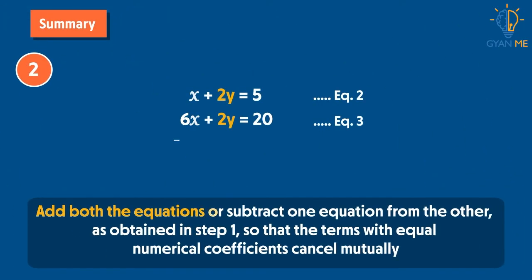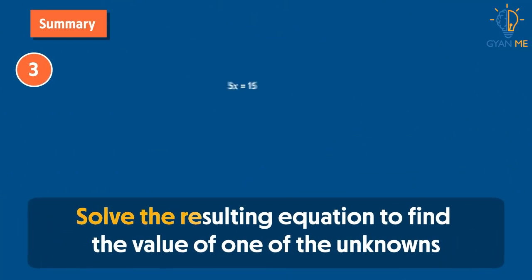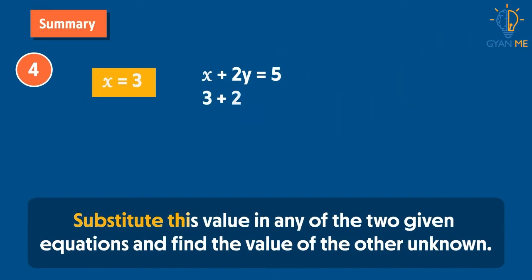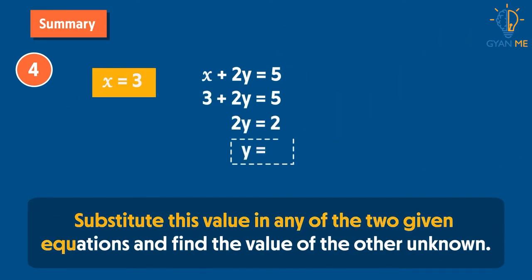Add both the equations or subtract one equation from the other as obtained in step 1 so that the terms with equal numerical coefficients cancel mutually. Step 3. Solve the resulting equation to find the value of one of the unknown variables. Step 4. Substitute this value in any of the two given equations and find the value of the other unknown variable.